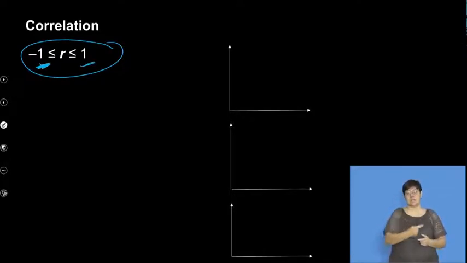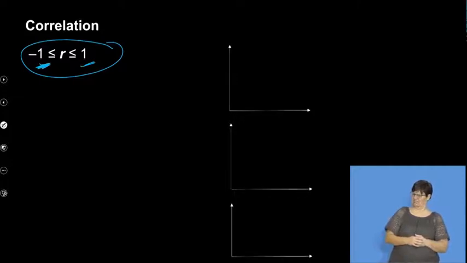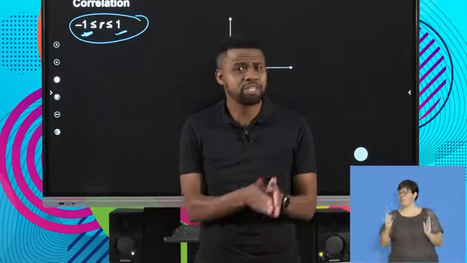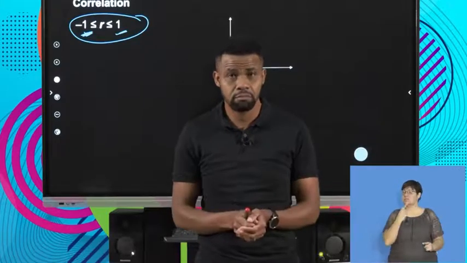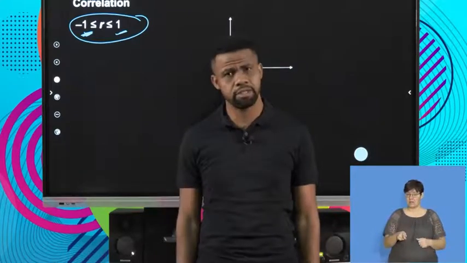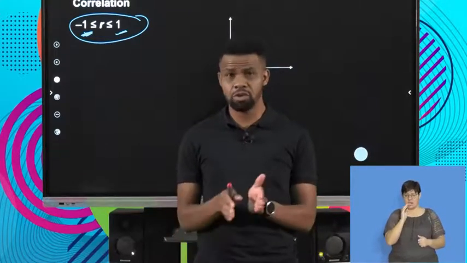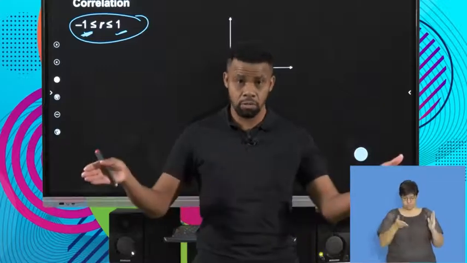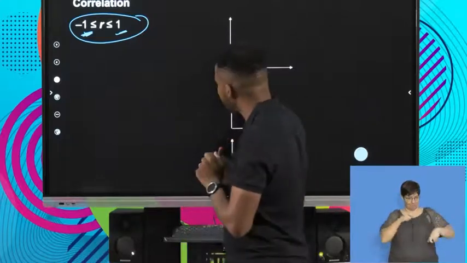If someone says, my correlation is 2, that does not make sense, because correlation is between -1 and 1. If someone says correlation is 0.5, yes, it's between -1 and 1. It cannot be bigger than 1 or smaller than -1. It's impossible. That's correlation.